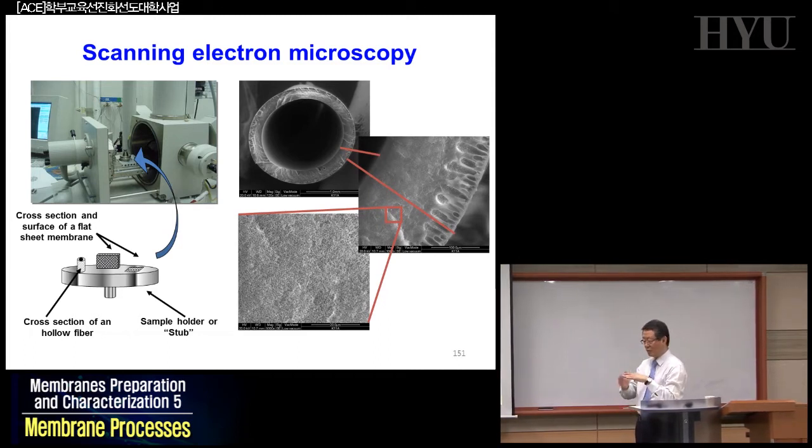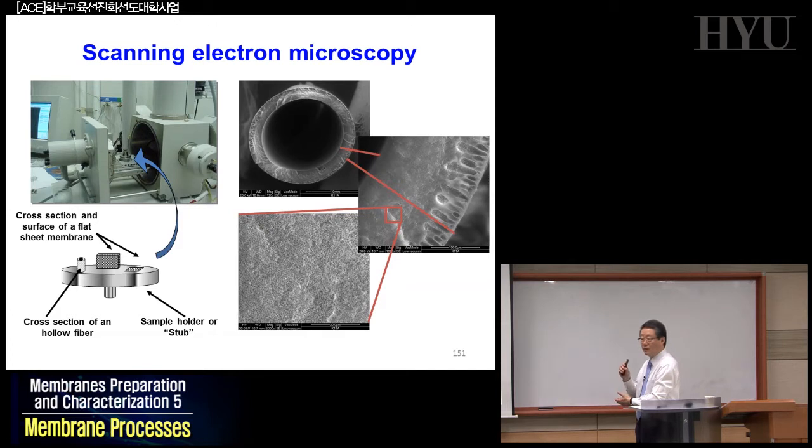You use your microtome to cut your cross section of your samples, and put it into the epoxy and cut it using the microtome, and for the TEM machine, you can take the picture with the same principle that we have described.